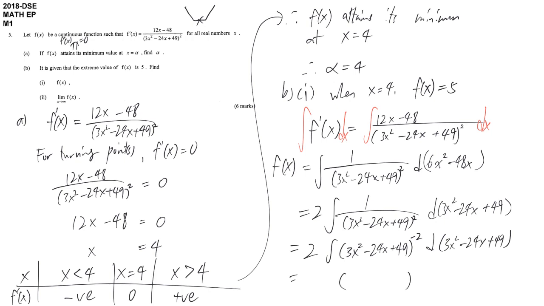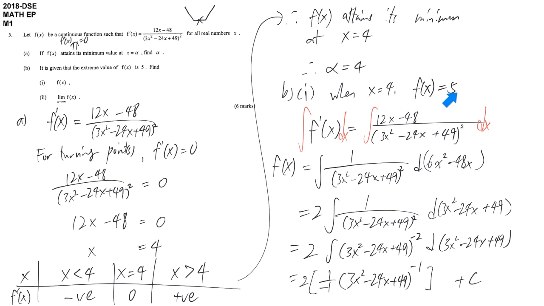That means this item, increase the index by 1 and then divide by the new index. Of course, don't forget to plus c.